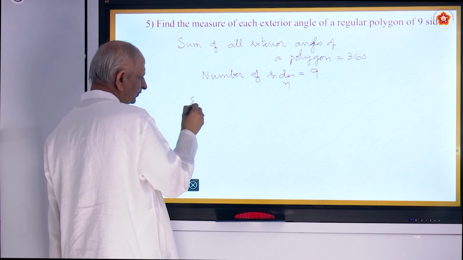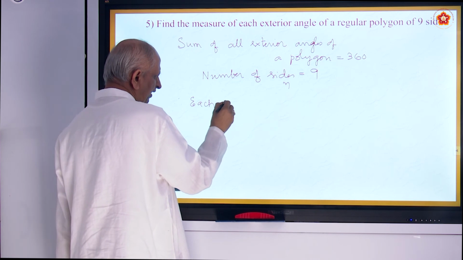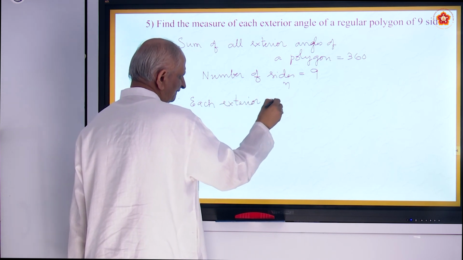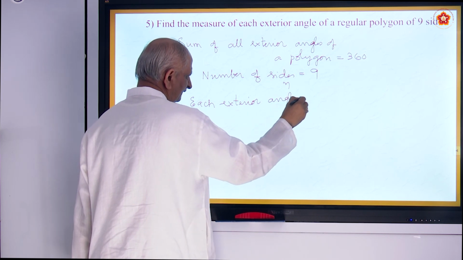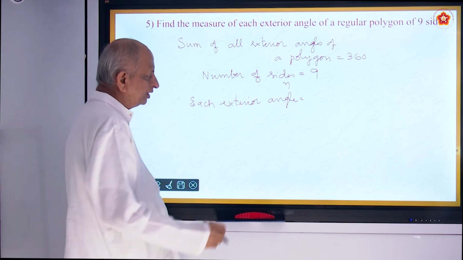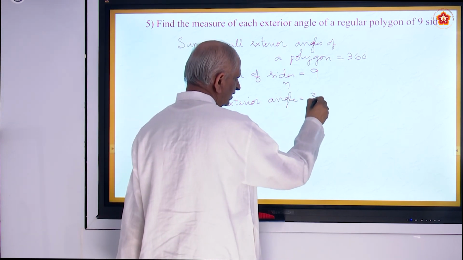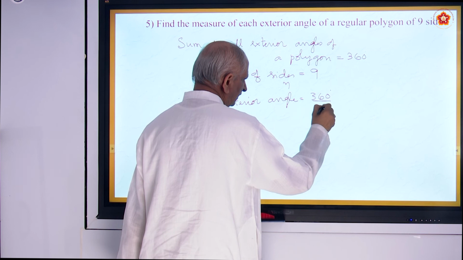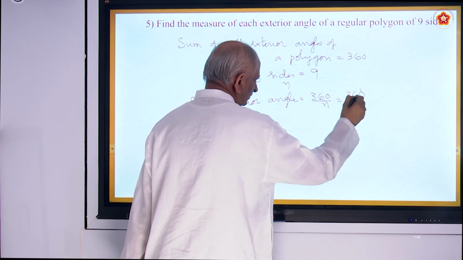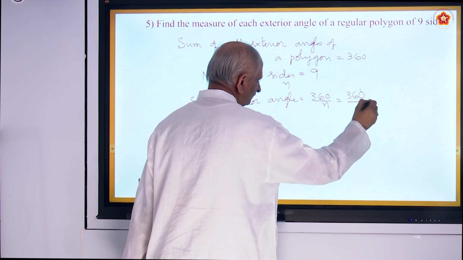Therefore, each exterior angle is equal to 360 by n. That is 360 by 9.